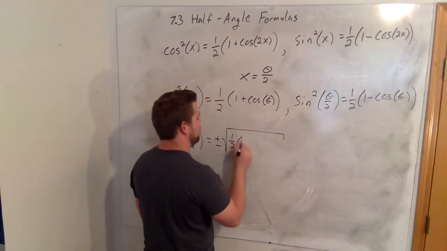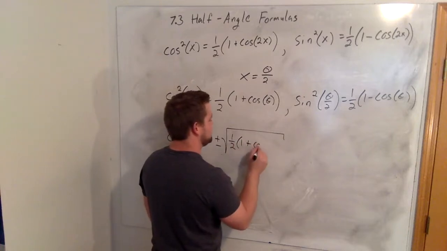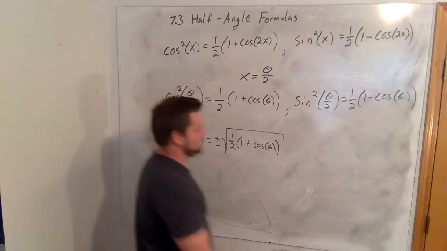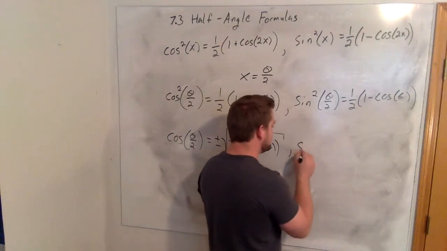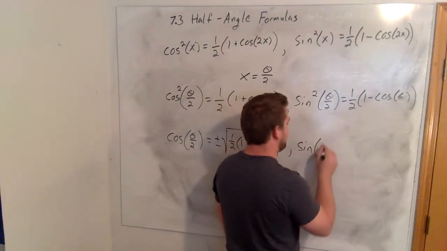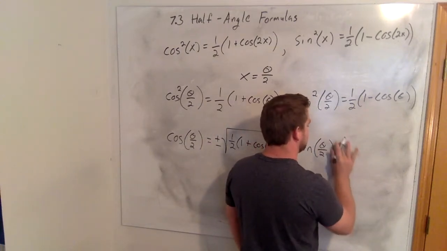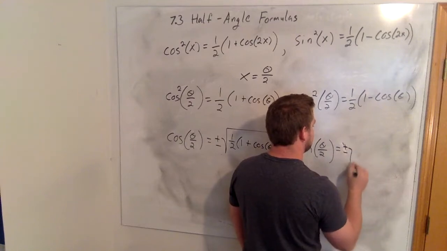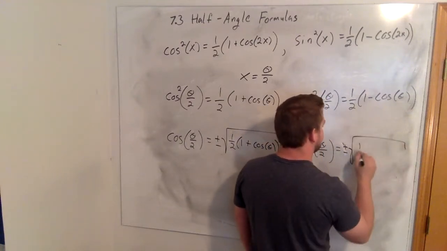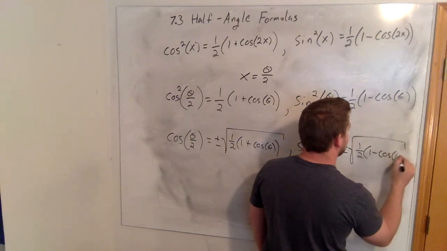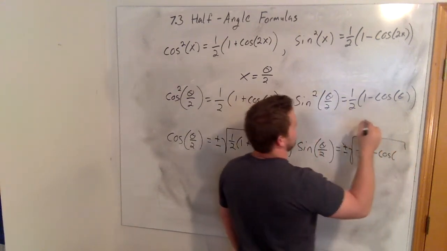And we'll have 1 plus the cosine of theta. Notice that I did a plus or minus here. We'll talk about that in just a second. And we also have that sine of theta over 2 is equal to the plus or minus the square root of 1/2 times 1 minus the cosine of theta.